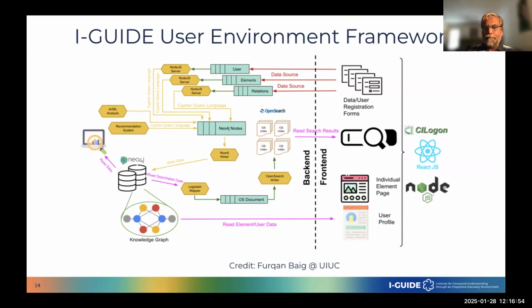So this is maybe a little bit more technical picture of what you will see in the environment. But if you don't understand this, no worries. If any of you have questions or want to know more about this, we'll be happy to talk to you also.